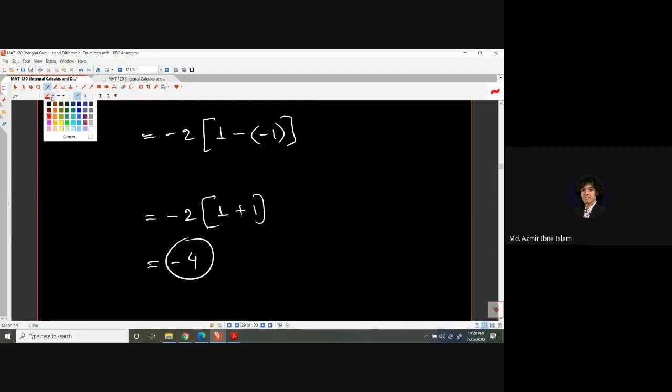So finally, whatever we have found, that is actually the area. Since it is a finite value, it is the area.